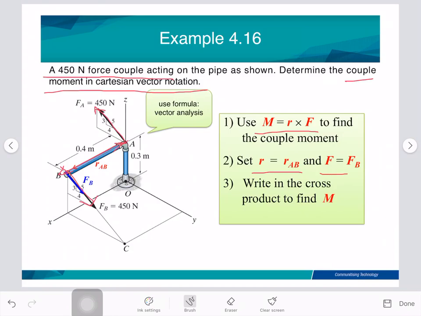We're going to choose FB here. So we need to write in the matrix. Before that, is our F here already in Cartesian or not? We need to solve FB in Cartesian.